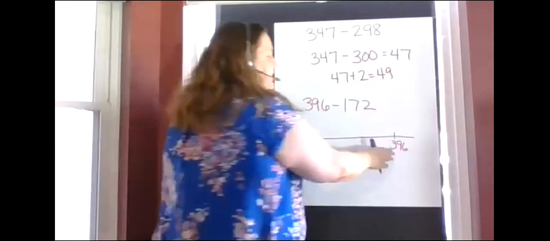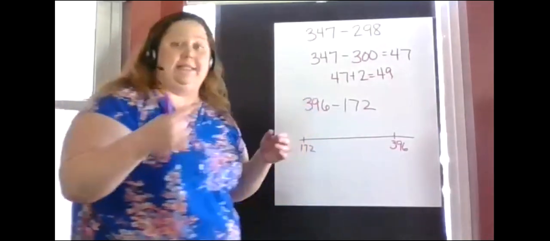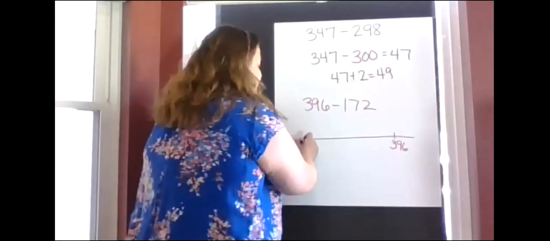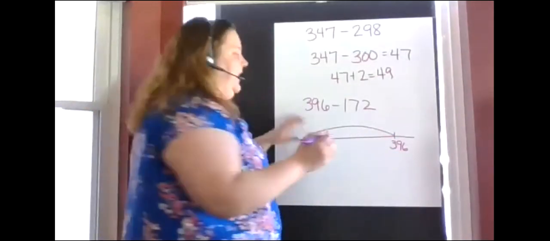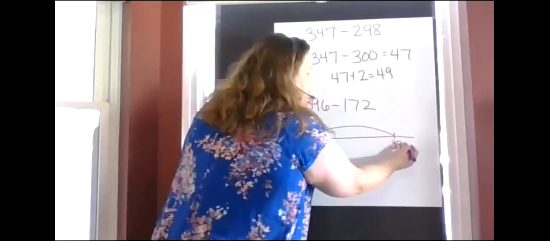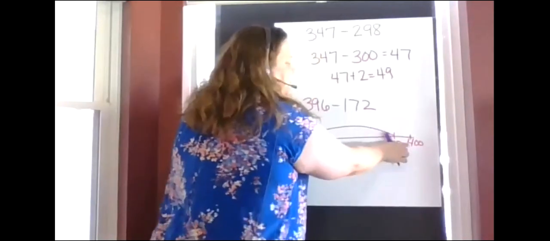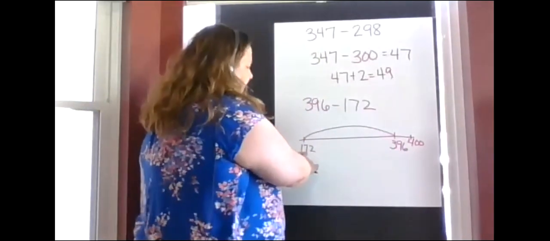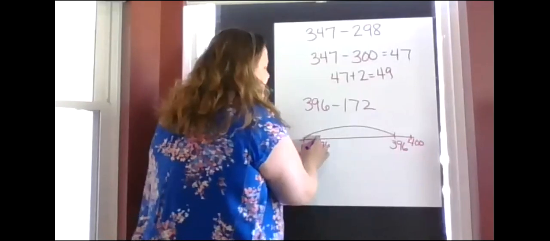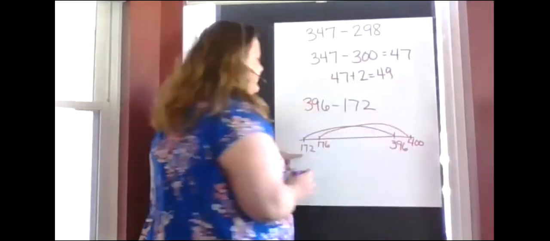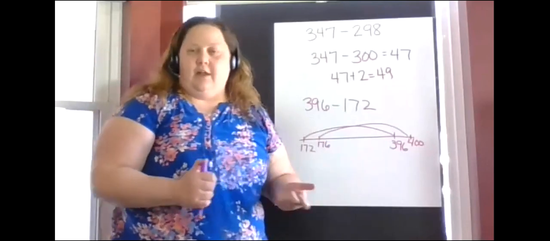So if I add 4 to 396, now remember we're talking about a distance, and we want the distance from here to here. So if I say I'm going to move up to 400, I've added on 4. If I add on 4 here and move to 176, this distance is still the same distance. I just shifted on the number line.